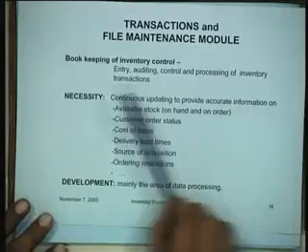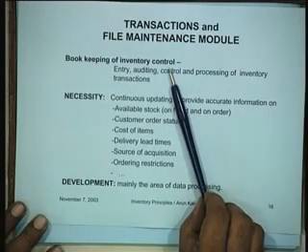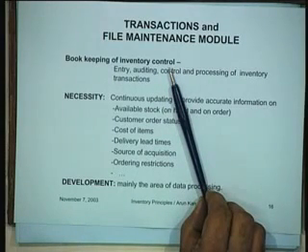You see, the transactions and file maintenance module is basically bookkeeping of inventory control. If some items are issued and some other items are received, you must know exactly what transactions have taken place and what is the status of inventories. That can be done in a computerized system very easily, right? This is like maintenance of your bank account typically.